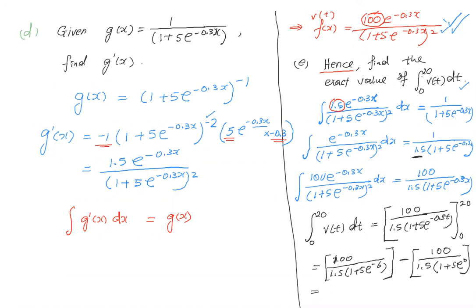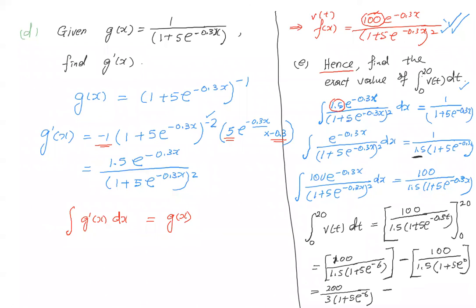Can someone give me the answer? 100 divided by 1.5, what do you get? Oh, 200 over 3. Yes. You see? 200 over 3. Because I asked for exact value, so you have to leave it like that. Understand?